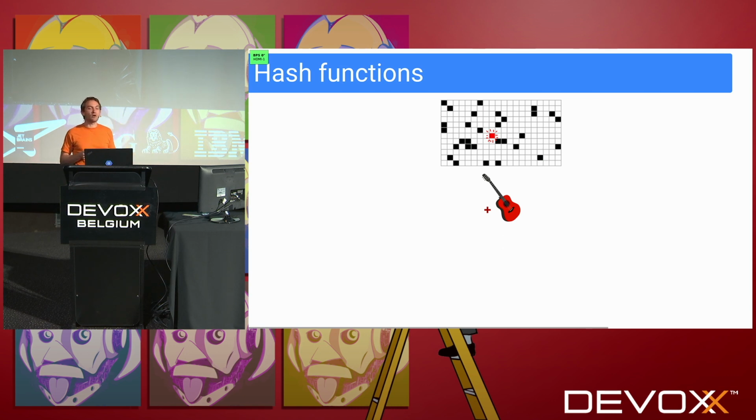This assumes that the hash function maps uniformly between 0 in the top left corner and n in the bottom right corner, the number of bits of the bit set. So what we assume is that it maps uniformly in that space. That's what hash functions do anyway.